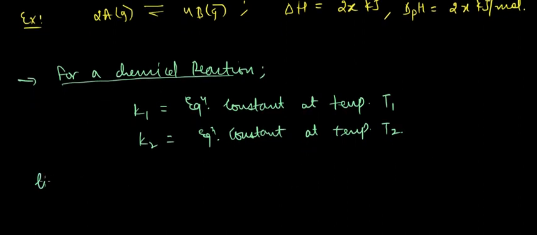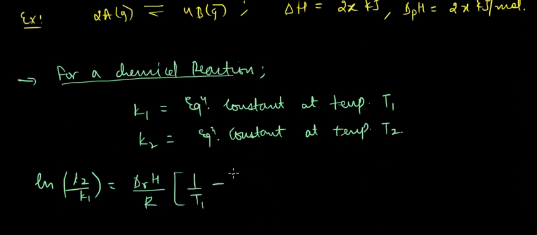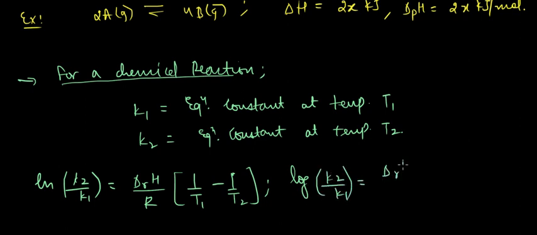So we can write that ln K2 upon K1 would be equal to delta RH divided by R times 1 upon T1 minus 1 upon T2, or we can also write in terms of logarithm, which is log K2 upon K1 would be equal to delta RH upon 2.303 R times 1 upon T1 minus 1 upon T2.